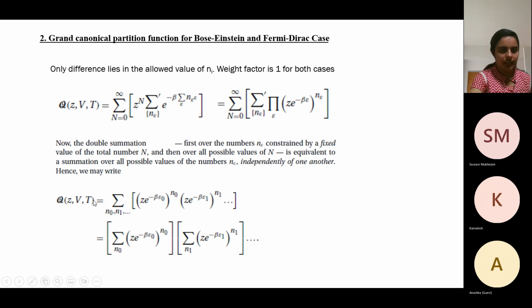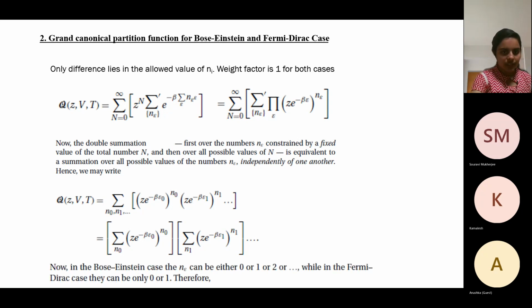So you can write it like this. Each of these terms can be written independently as a sum over the different n_epsilon values. They can take any value from 0 to infinity, because now your constraint over the total number N is relaxed.